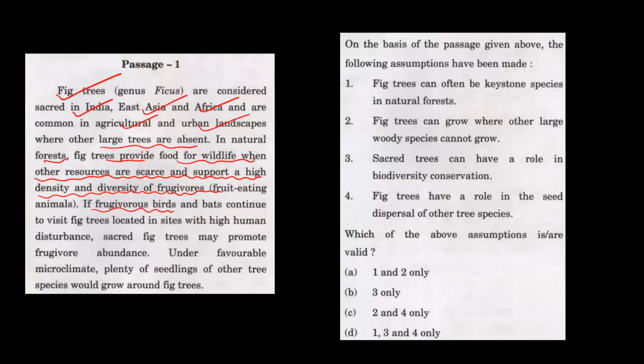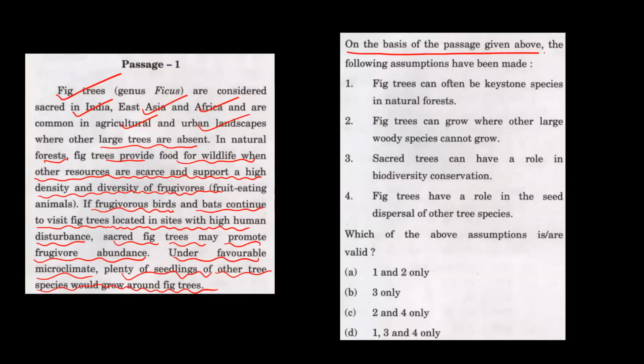If frugivores, birds, and bats continue to visit fig trees located in the site with high human disturbance, sacred fig trees may promote frugivorous abundance. Under favorable microclimate, plenty of seedlings of other tree species would grow around the fig tree.